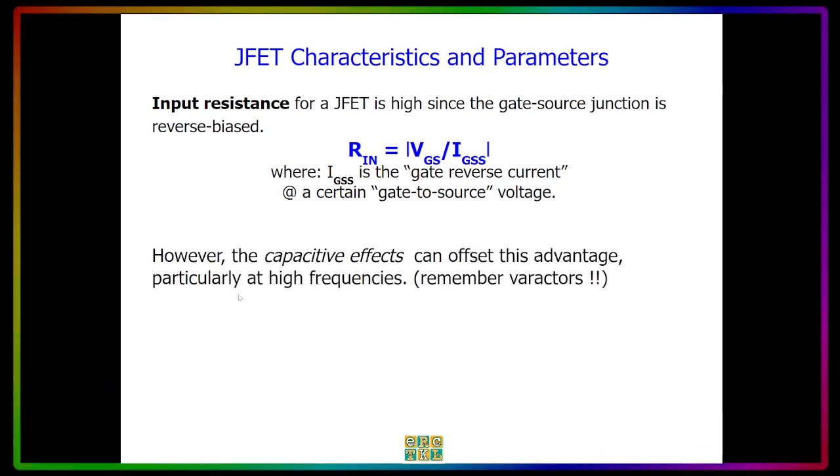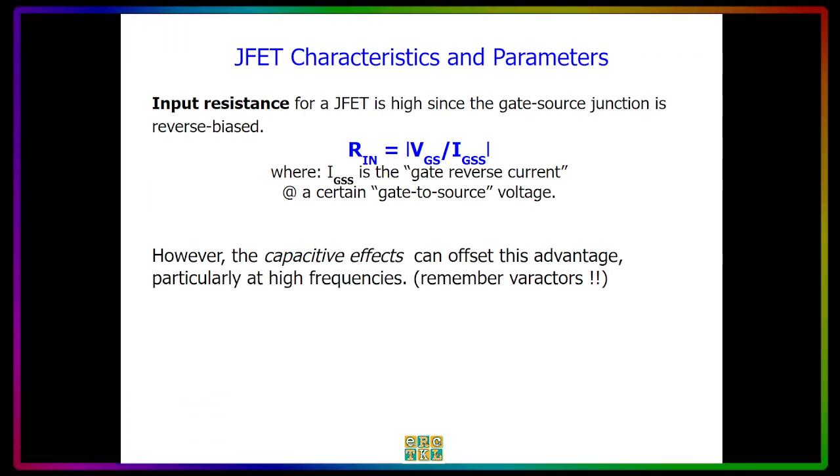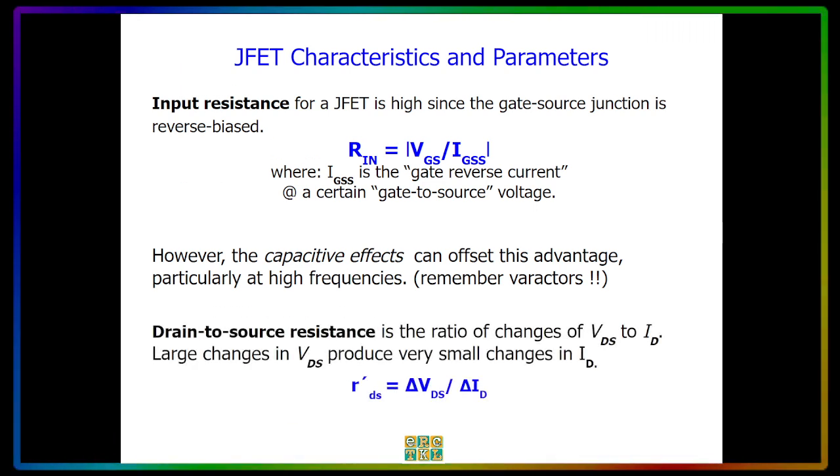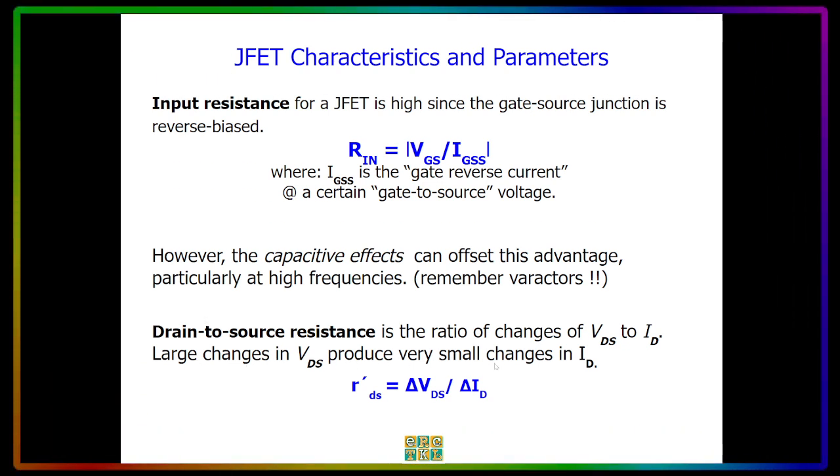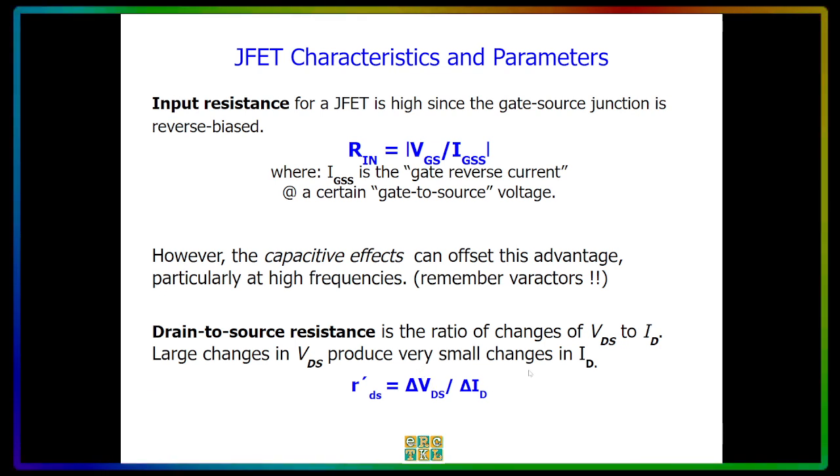However, the capacitive effects can offset this advantage, particularly at high frequency. Remember, for those who know about varactors. Now, the drain to source resistance is the ratio of changes of VDS to ID, and large changes in VDS produce very small changes in ID. So this is the drain to source resistance represented by R prime with a subscript of DS.